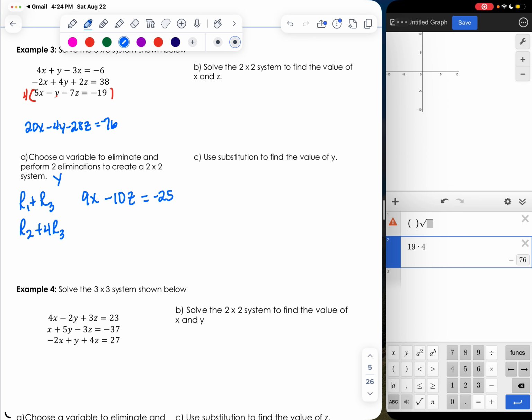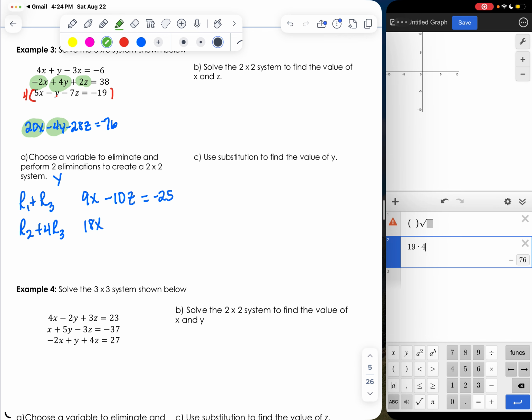So I want to combine 4 times row 3 with row 2. Let me highlight what we're combining. Row 2 is right here. I'm combining negative 2x with 20x, and that would give me positive 18x. Then I'm combining 4y with negative 4y, and that would cancel out.